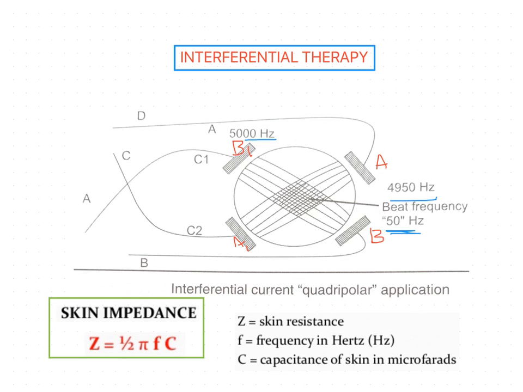Medium frequency currents of around 4000 hertz are able to stimulate motor and sensory nerves, which encounter much more skin resistance. The low frequency currents produced by these two medium currents range from 1 to 250 hertz.